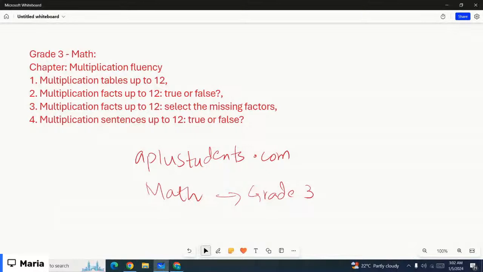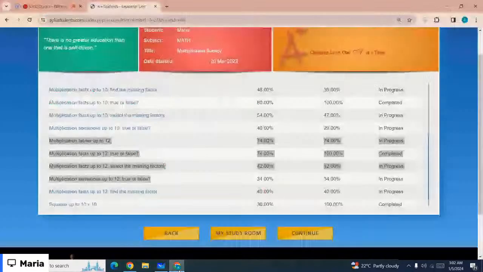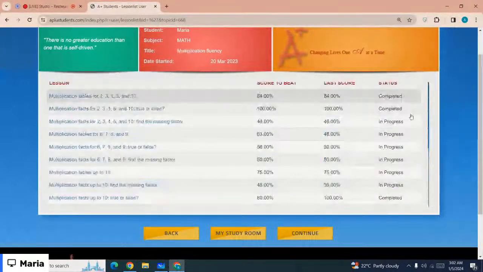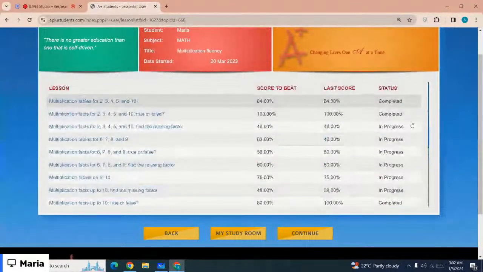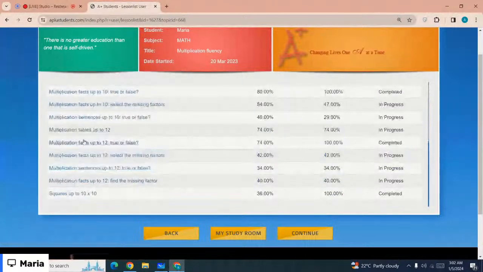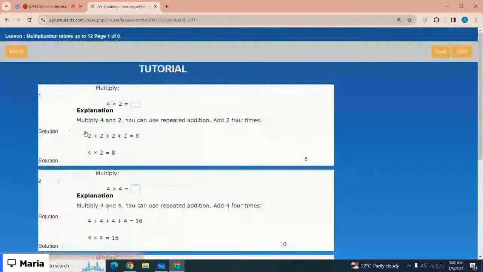definitions in your notebook. We are already working on the chapter, and we have done so many lessons related to multiplication, like multiplication tables 2, 3, 5, and 10. So the basic thing is we are here to learn the multiplication tables, right?